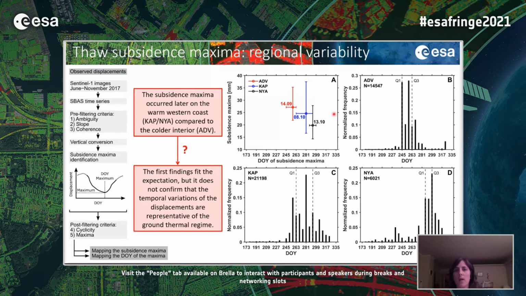So in a way, this first finding fits the expectation that, of course, the transition between thawing and freezing is occurring later on the warm western coast, but it doesn't really confirm that the total variations of the displacement are indeed representative of the ground thermal regime. And that's what we of course want to analyze next.